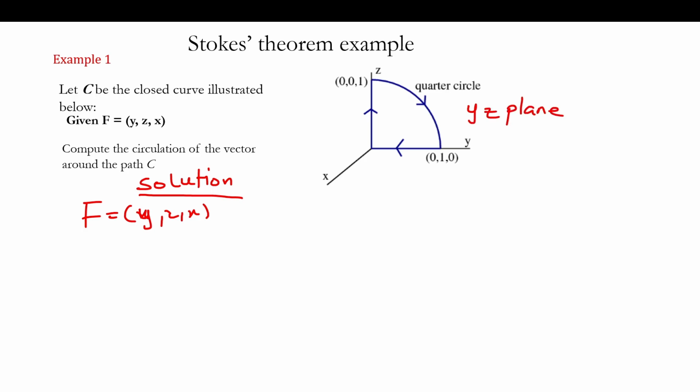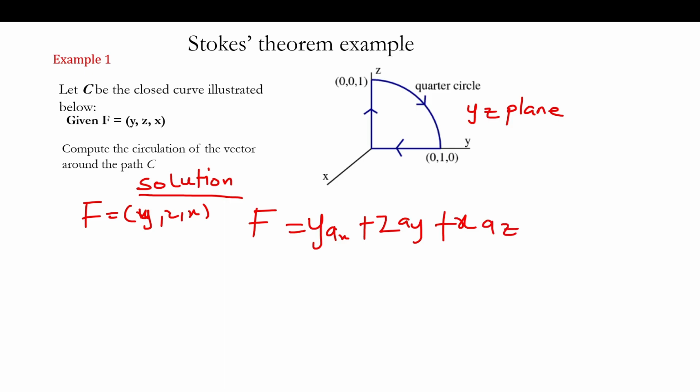That is where the loop is. So F here in the vector form can be written as: the magnitude of F in the x direction is y this time around, so y ax. In the y direction is z, so you have z ay plus x az.